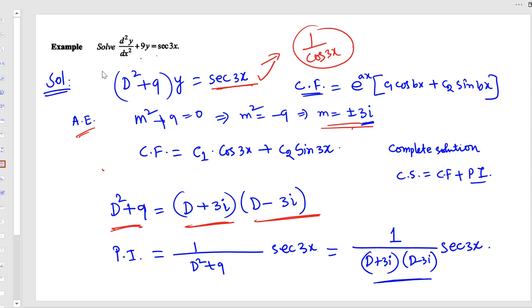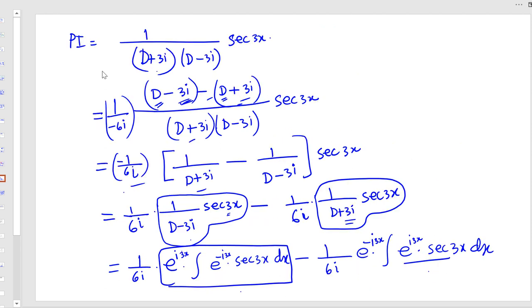First you will try to write D square plus a square, and then you apply the formula. First you need to separate them by simplification. You do some manipulation and then simplify it. Try to make them separate.